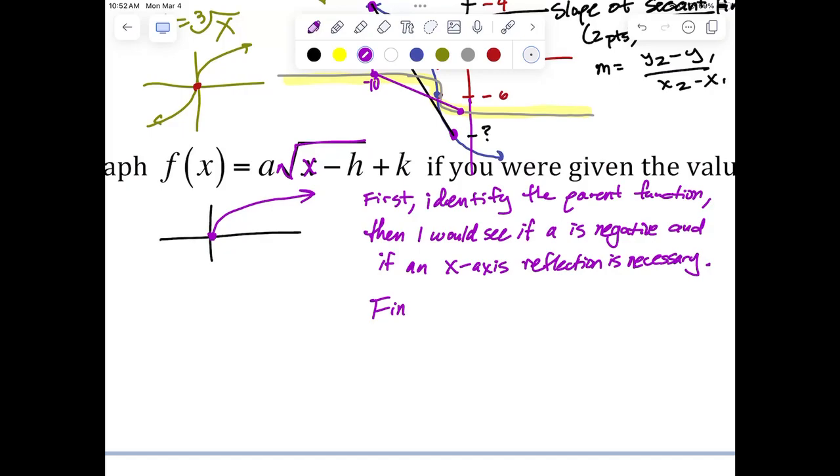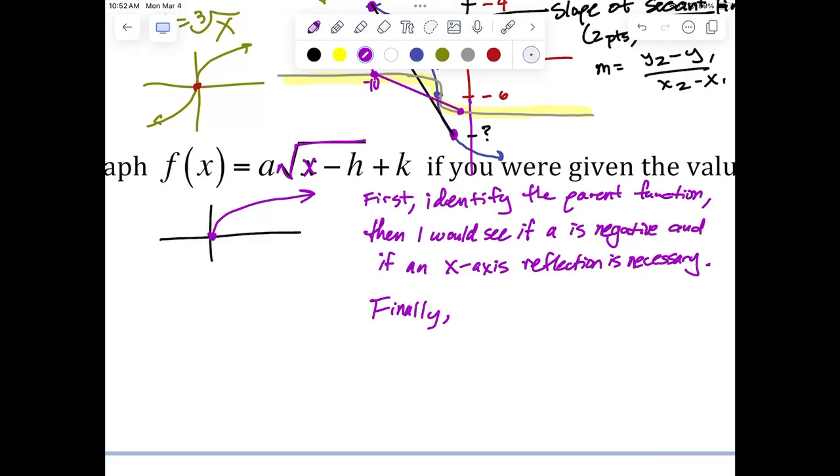Finally, once you know if there's a reflection or not, you know what the shape looks like. It's either going to open up and to the right or down and to the right at some steepness. Then all you have to do is look at H and K, which is your vertex, move it to where it's supposed to be, and draw your final shape from there, right?